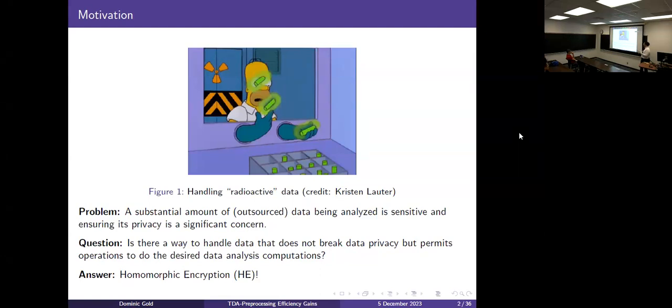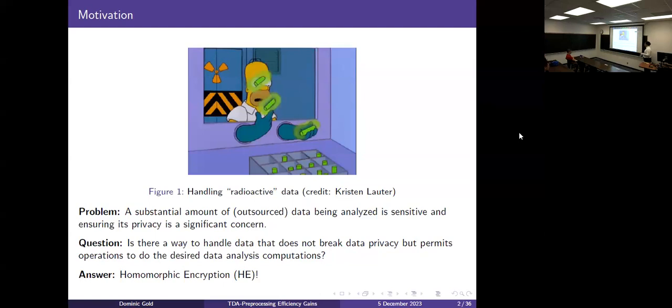So is there a way that allows people who perhaps have greater computational resources, maybe really nice GPUs, or a nice computing cluster, or a supercomputer? Is there a way to offload the sensitive data to them in a way that allows them to handle it without breaking privacy, but still performing the desired computations, right?